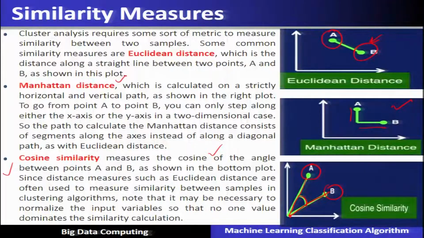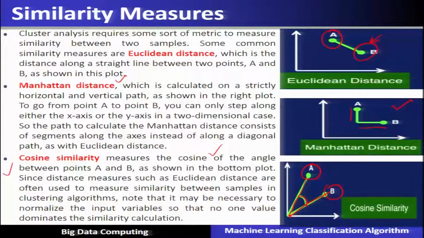Now, so that no one value will dominate the similarity calculations. As far as cosine similarity is concerned, this kind of similarity is used in some applications. For example, the documents which are closely related to some topic, their cosine similarity will be high, and together they will form a cluster or a cluster of topics.